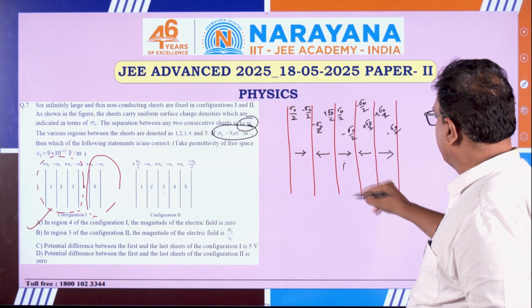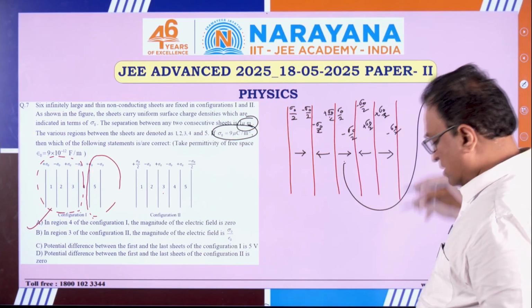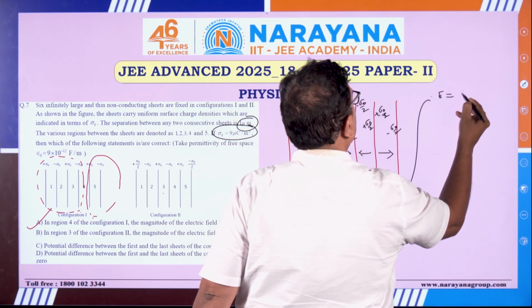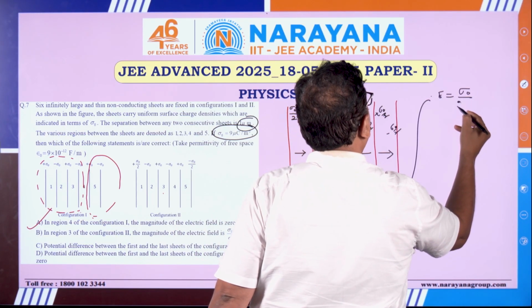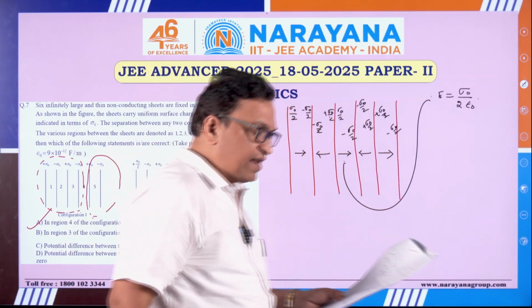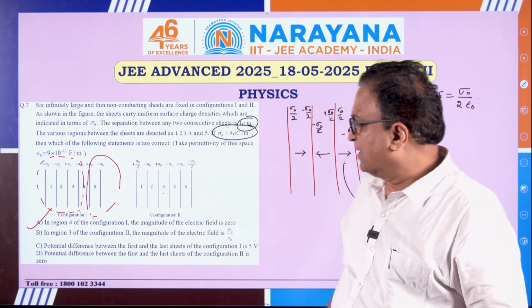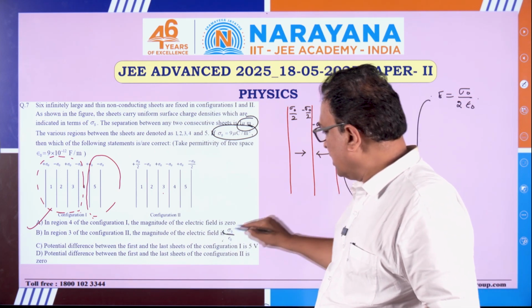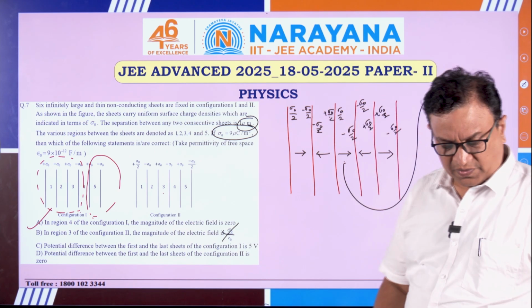Simply E is equal to sigma naught by 2 epsilon naught. But you have given the answer as sigma naught by epsilon naught, which is a wrong option.